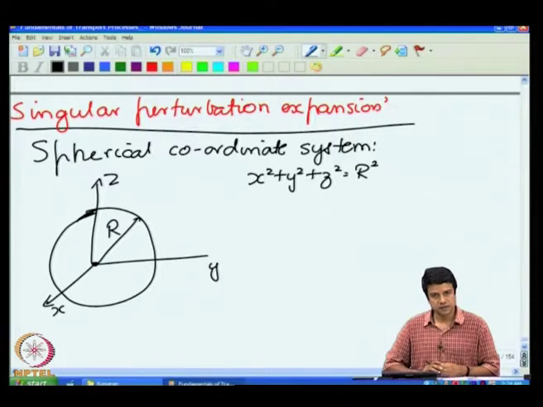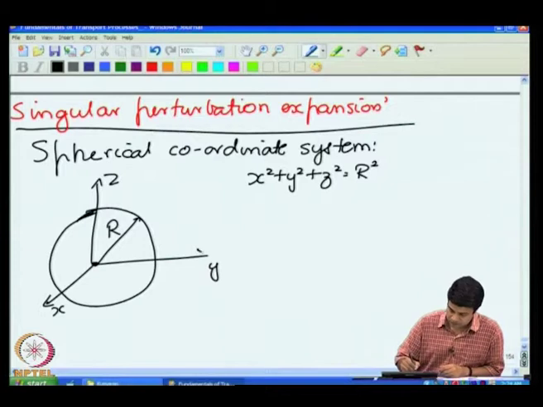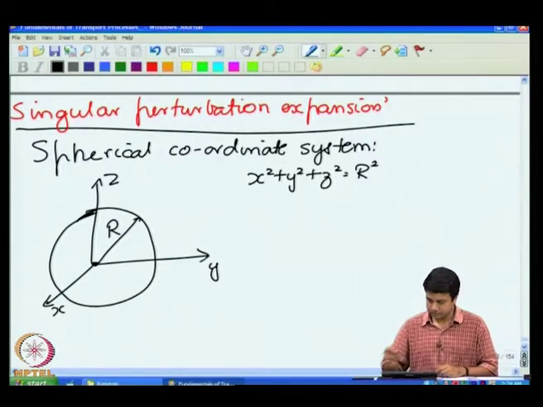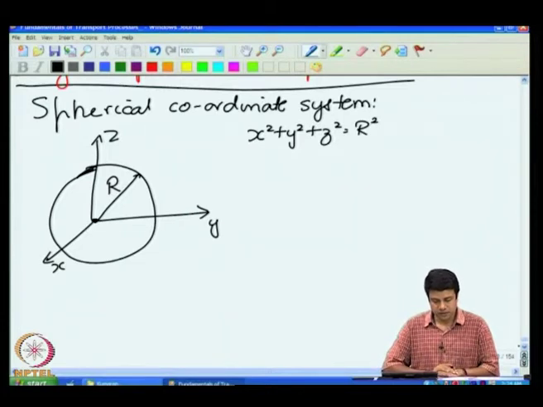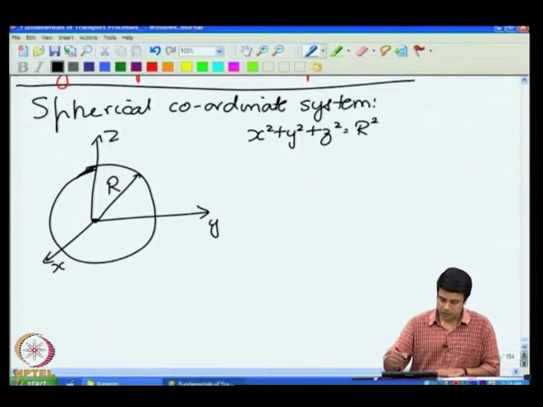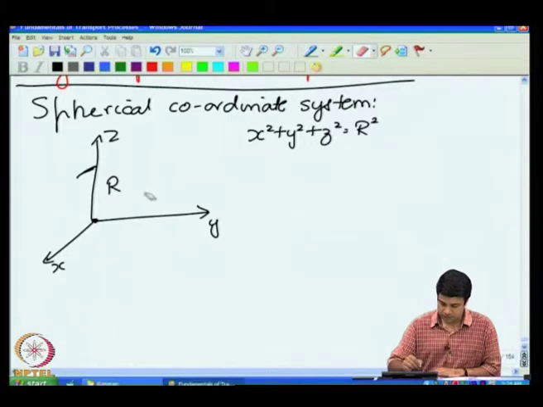Since the spherical surface is a curved surface, I have to have a curved surface on which there is a constant coordinate. And the coordinate system that is used for this is what is called a spherical coordinate system. In this particular coordinate system, I would put the origin at the center of the sphere.